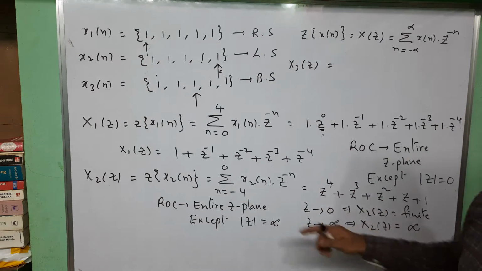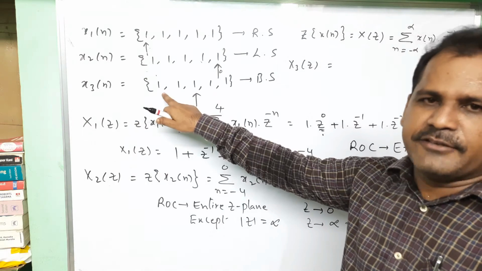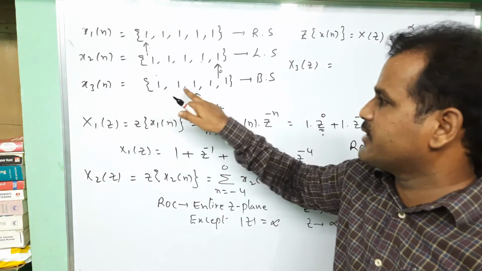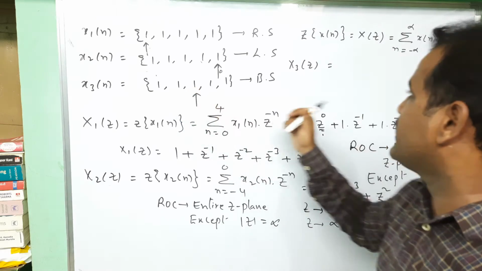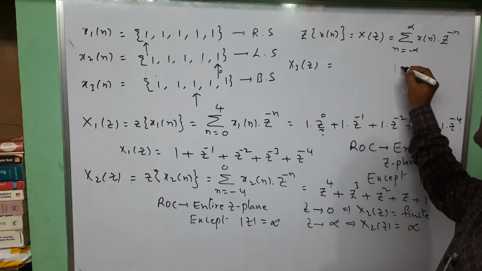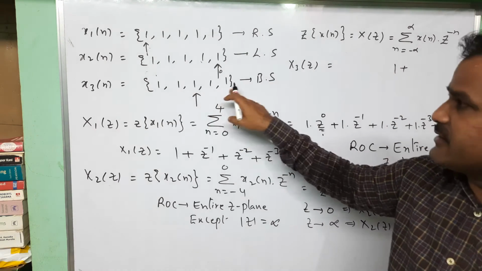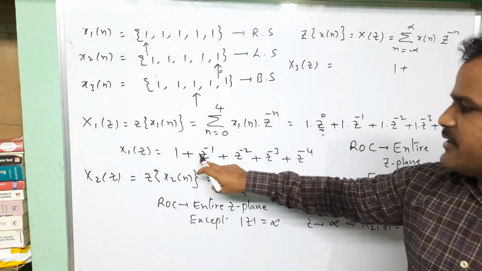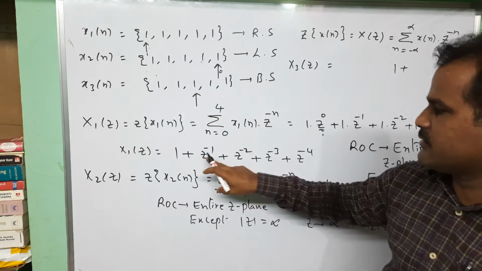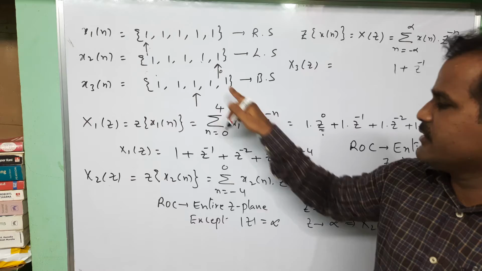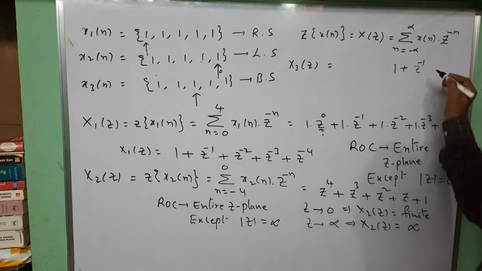From this observation, we can directly write down the polynomial of z for this X of z. Observe here, 1 origin value is directly a constant. Next, right side values like this, that means negative powers. First value is z inverse. Next value is z raised to minus 2.